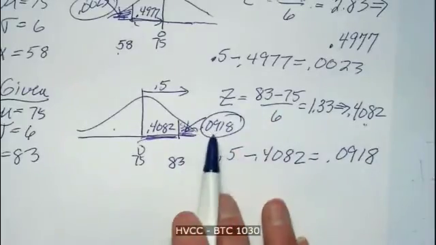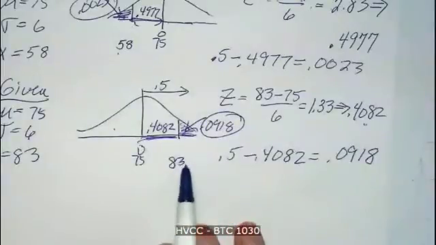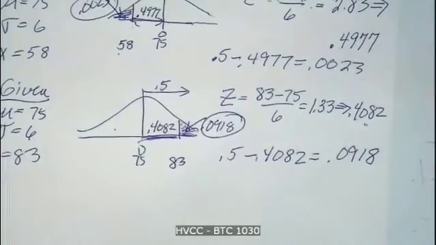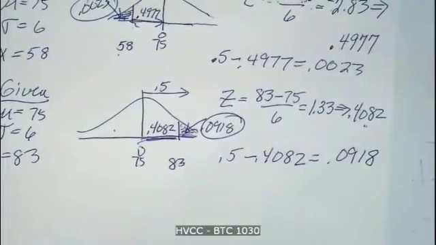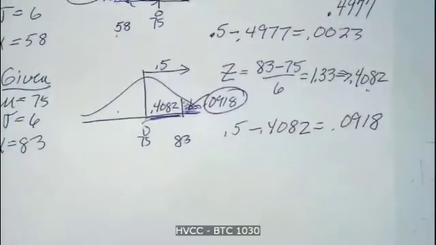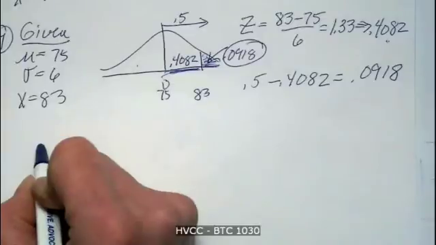So a little over 9% of my employees take over 83 seconds to assemble parts. You might make a business decision and say, you know what, 9% is too much. Let's retrain those 9% so they can be below 83 seconds to assemble the part. Okay, let's look at question 8.